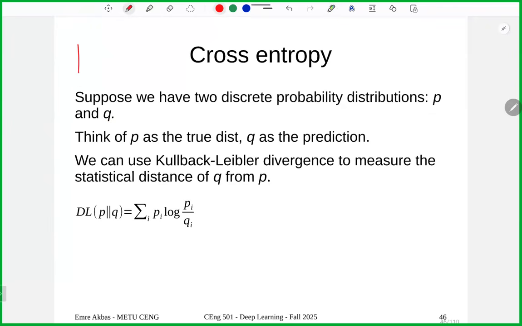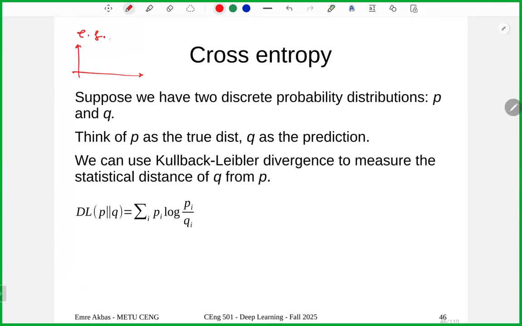For example, if you are solving a three-class classification, you are given an image of an animal. You want to categorize it into cat, dog or bird. Let's say three classes.